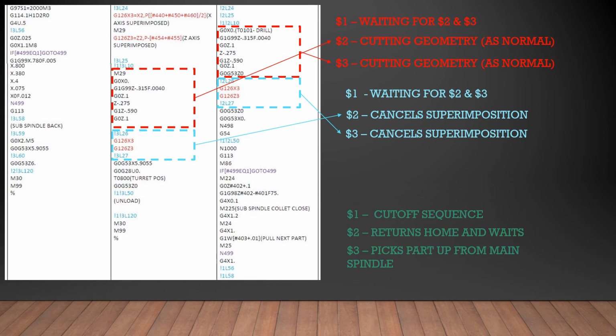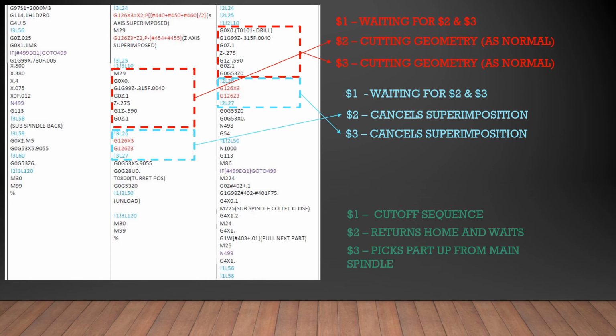For example, if we are moving exactly the same distance on both, but one is going at 4 thou per rev at 1500 RPM, and the other is going 4 thou per rev at 2700 RPM, then the drill going at 2700 RPM is going to get to that Z minus 315 first.